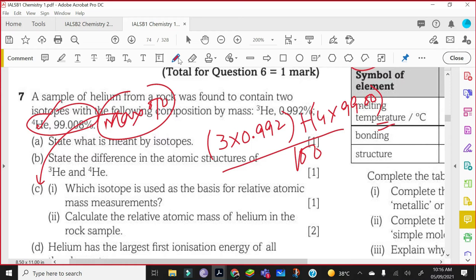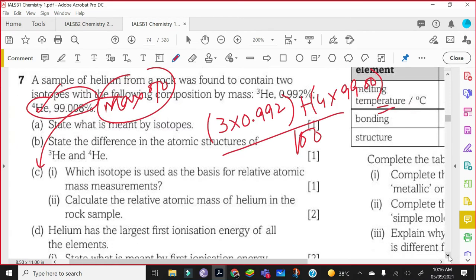Can somebody tell me what is the answer for that? 3.99008. Yes, sir. So we get 3.99. The answer should be very close to 4 because the percentage of 4 is 99%.